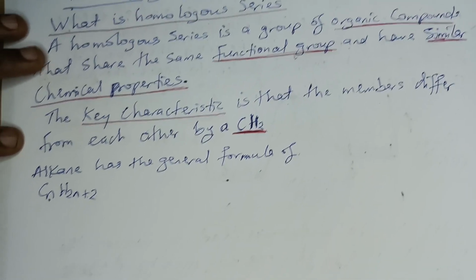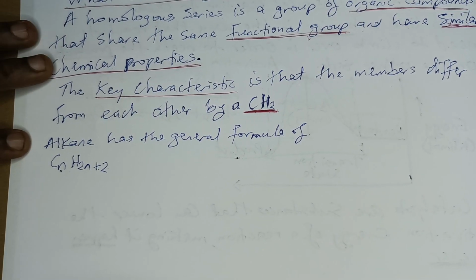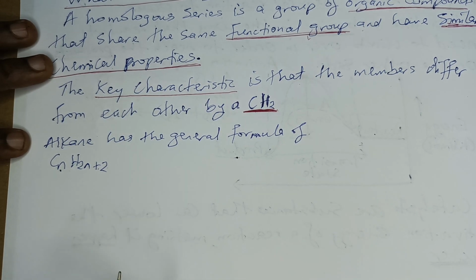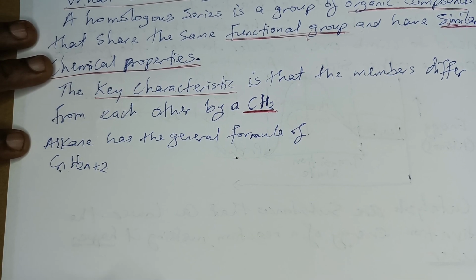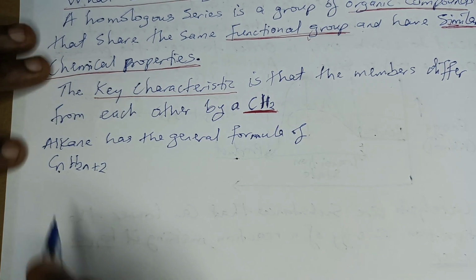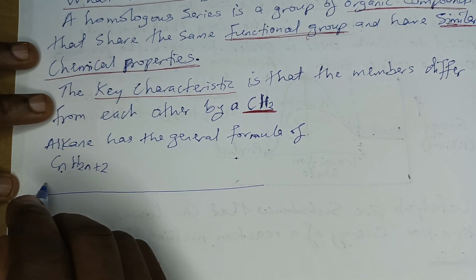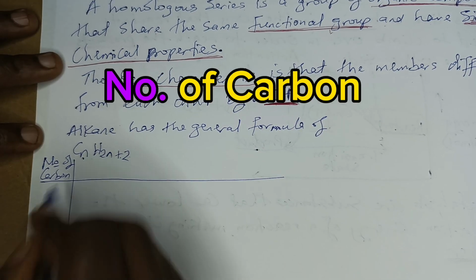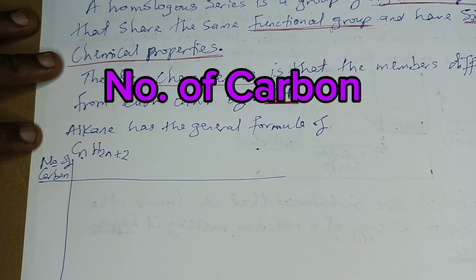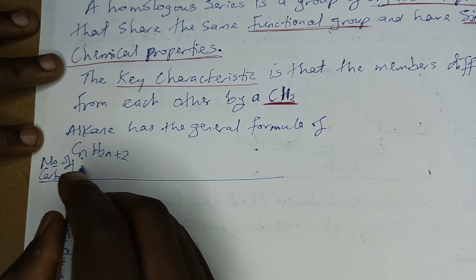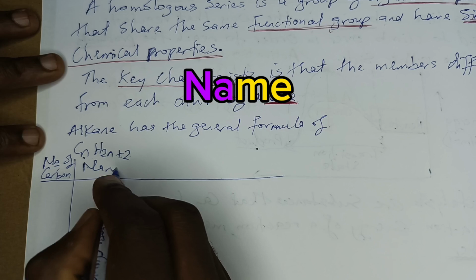Now, under hydrocarbons, I would like to talk about the first 10 hydrocarbons. What are their names? So I would like to put it in tabular form, and let's start. Number of carbon atoms. Here, I would like to talk about the name.